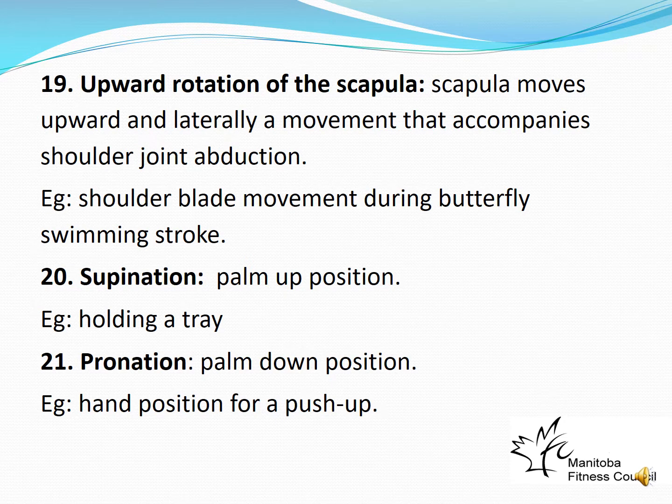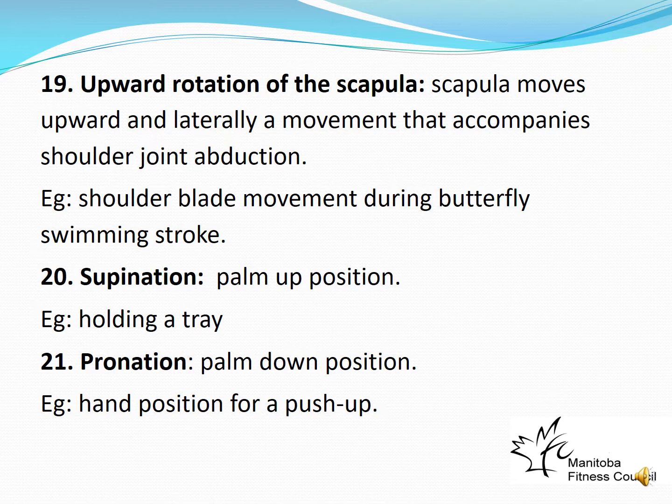Don't worry too much about this one, but you can actually upwards rotate your scapula. So what will actually happen is that if you abduct your humerus, so if you take your arm out to the side and keep going all the way up, at a certain point, you'll actually find that your scapula, your shoulder blade, will rotate up. Okay?